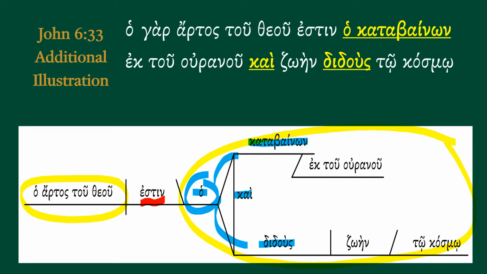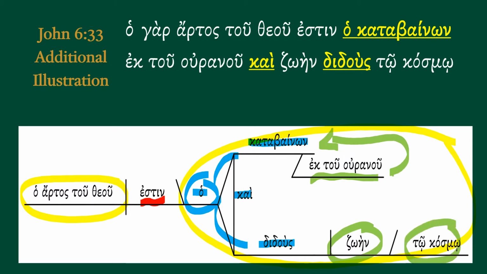Further to this, we have a prepositional phrase ek tou ouranou, which is modifying the participle katabainon, giving us a source of the action, and then we have the object of the participle didous and the indirect object, telling us that he was giving life to the world.